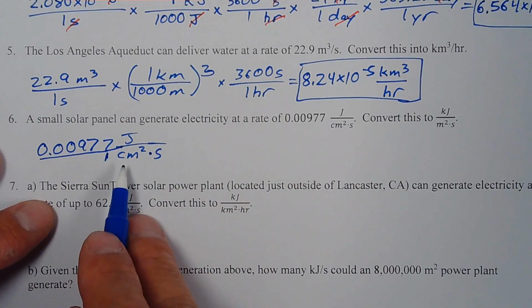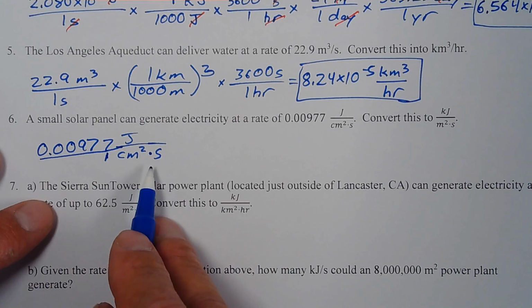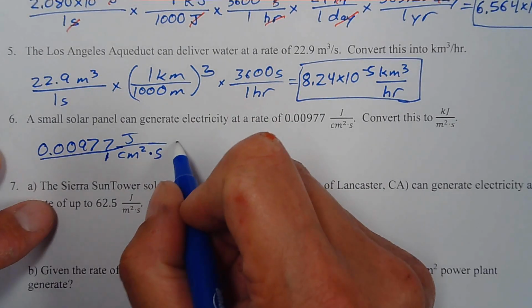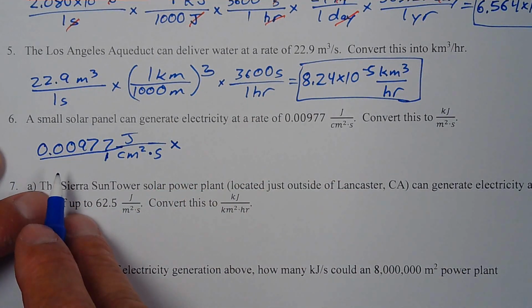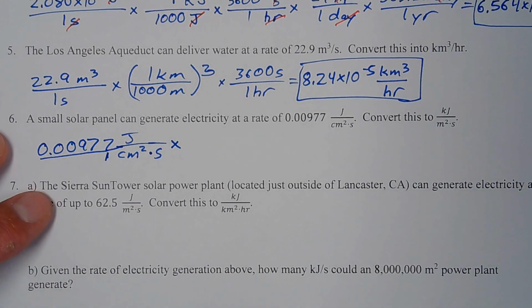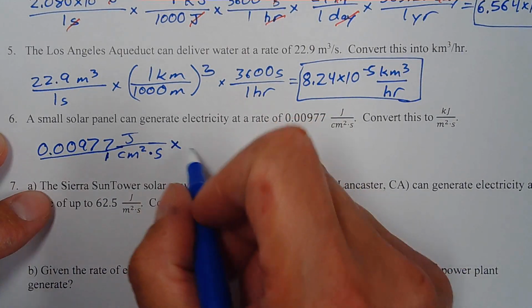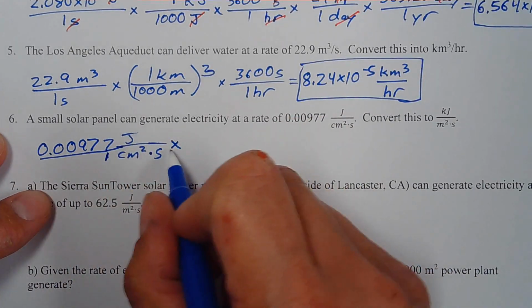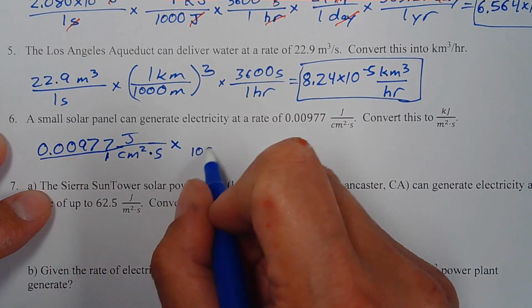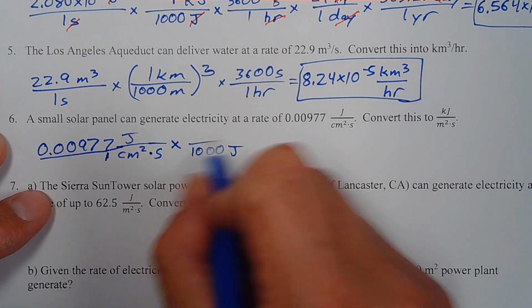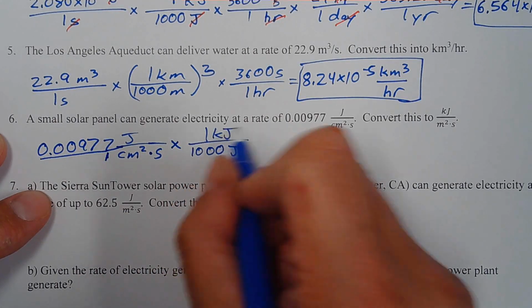It's not 1 square centimeter per second, it's 1 square centimeter second. But really it's the same logic that we've been using all along. Convert joules to kilojoules. So we need to get rid of joules that are currently on top, so we need the 1,000 joules on the bottom and the 1 kilojoule on the top.